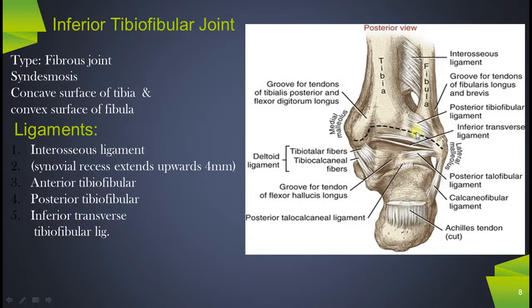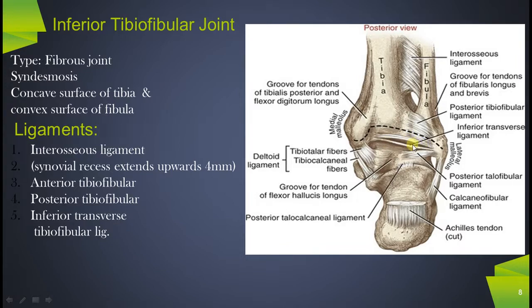Then you also have the inferior transverse ligament, which is stretching across. It can also be called the inferior displaced fibers of the posterior tibiofibular ligament.